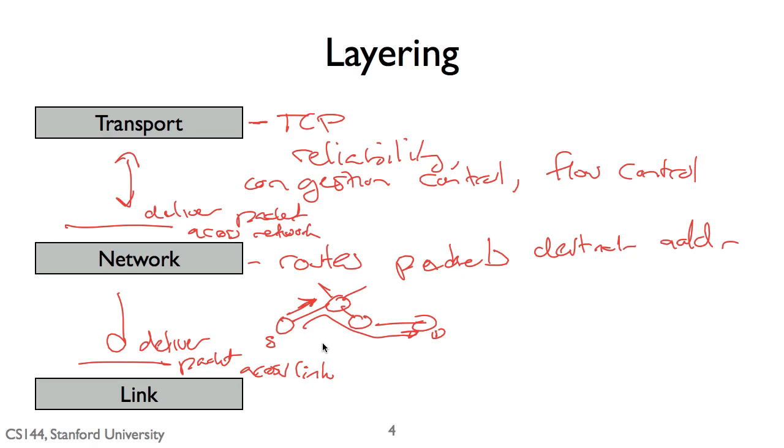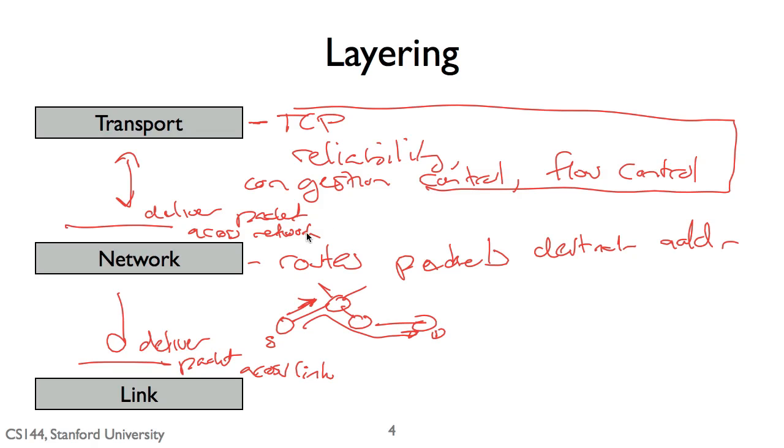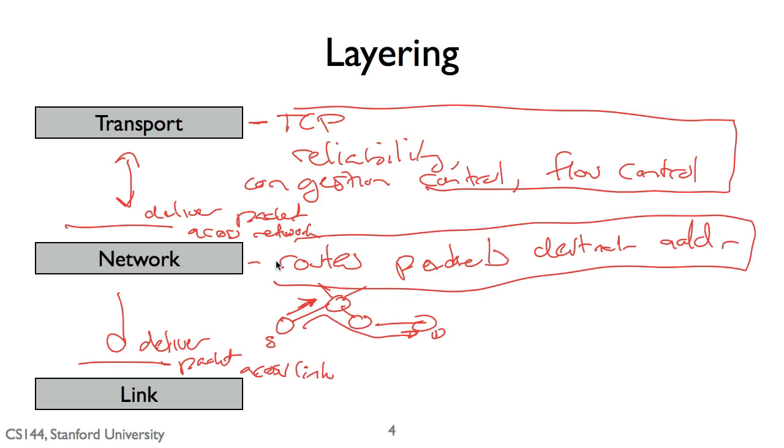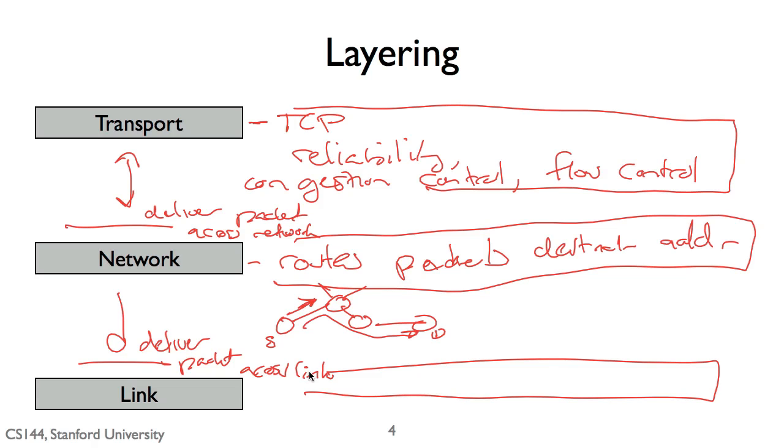Now, the link layer doesn't care about multiple hops, nor does it care about reliability at the end-to-end or congestion control, nor does the network layer care about flow control. And so the point being that by separating these concerns, we can have TCP optimize its tasks and do its job as well as it can, independently of how the network layer works and accomplishes its task, independently of how the link layer works and accomplishes its task.